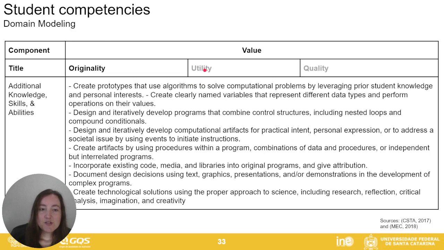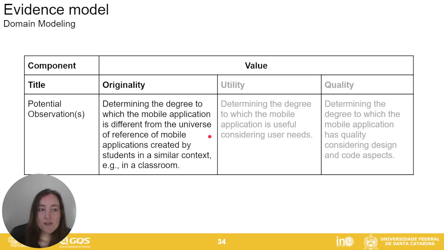There's also additional knowledge, skills, and abilities students need to be able to develop apps with App Inventor, covering computing concepts in practice. Considering the focus on the product creativity of mobile applications, potential observations rely on the analysis of the student's mobile application.